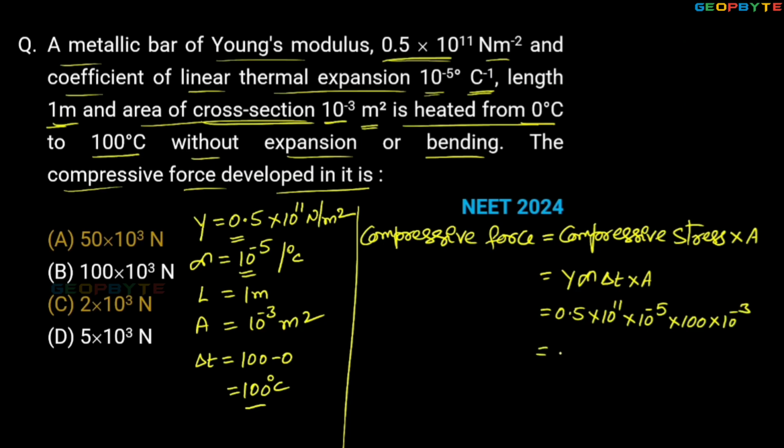Substitute, simplify it. 0.5 into 0.5 into 10 power 11 into 100. I can say 10 power 13 into 10 power minus 5 minus 3, 10 power minus 8. It is equal to 0.5 into, listen carefully, 10 power 13 minus 8, is equal to 0.5 into 10 power 5 newtons.